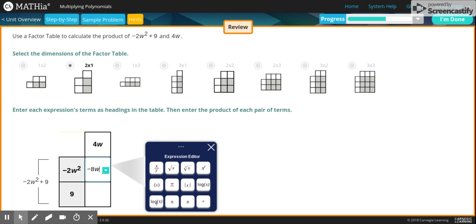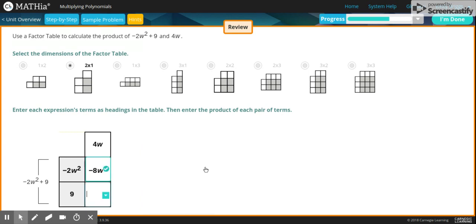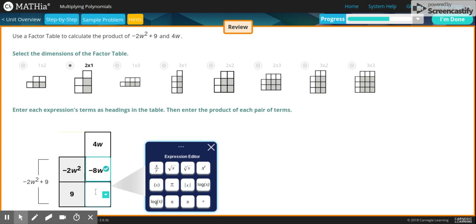And then w, but then because there's this extra w over here, instead of being still to the second, it's going to be to the third, because there's 2 w's over here, so plus 1 is 3 w's. And then this last part is 9 times 4w, so 9 times 4 is 36, so 36w.